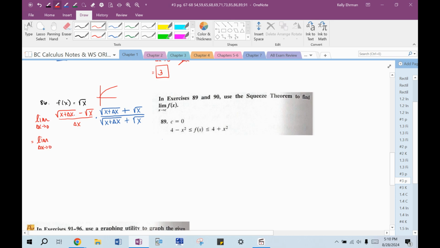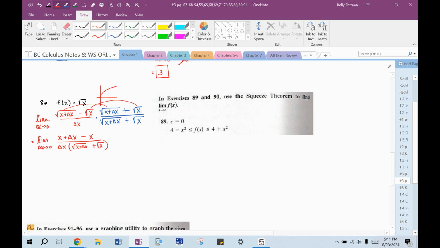So when we multiply conjugates together, remember you can really just multiply first times first. So this becomes x plus delta x, and last times last, so minus x. And then in the denominator, I'm not actually going to distribute this through. I'm just going to write delta x times the quantity, square root of x plus delta x plus square root of x.